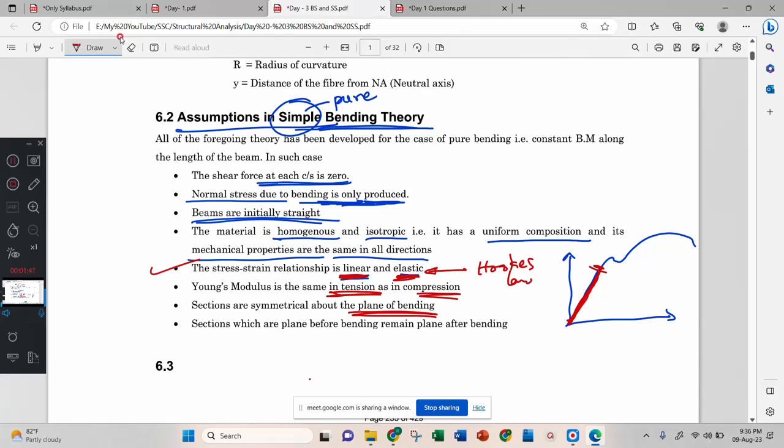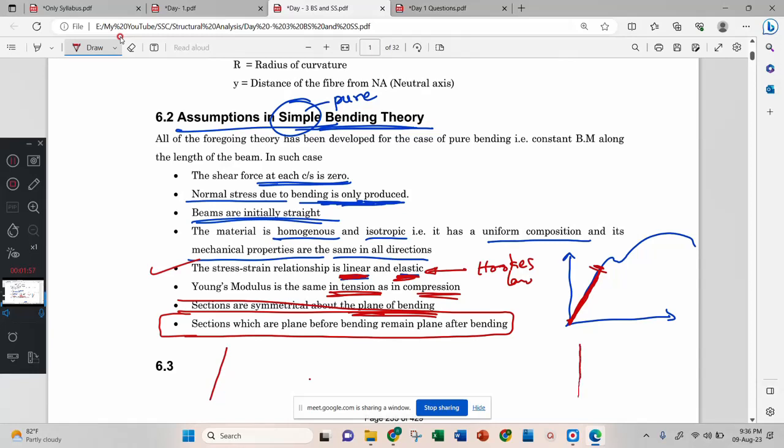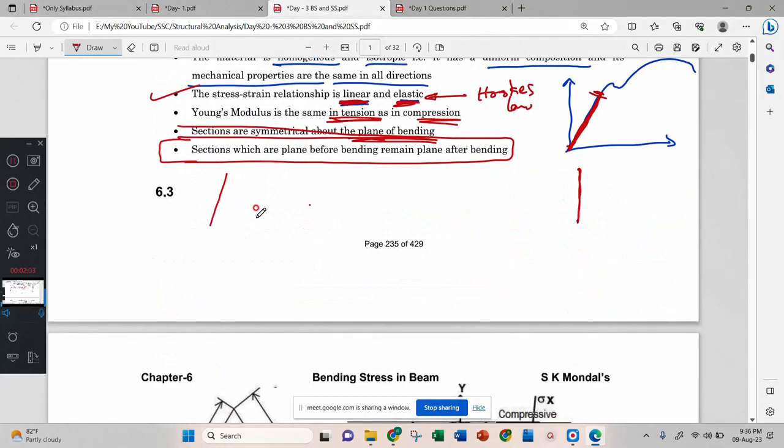Sections are symmetrical about the plane of bending. Then sections which are plane before the bending will remain plane after the bending. Very important assumption. Means this is your section, and first I will tell you what happens when it bends.